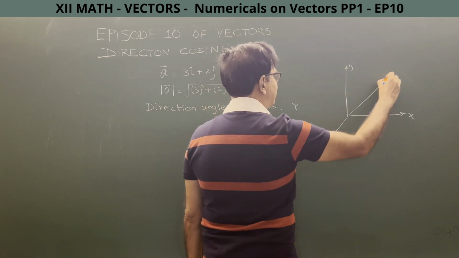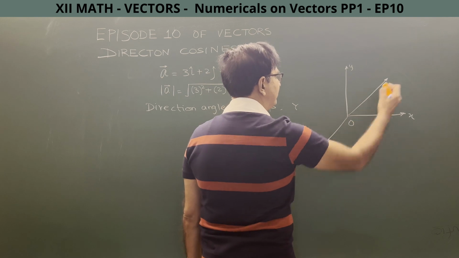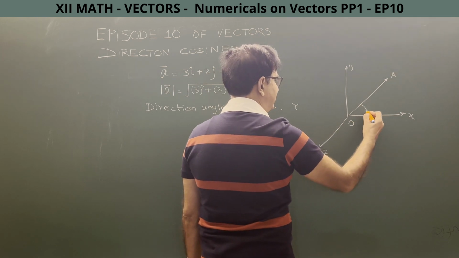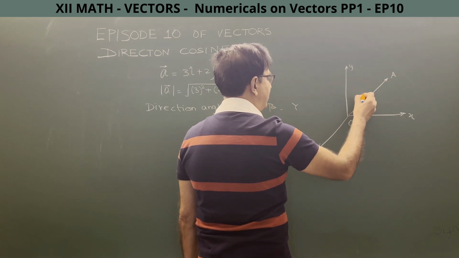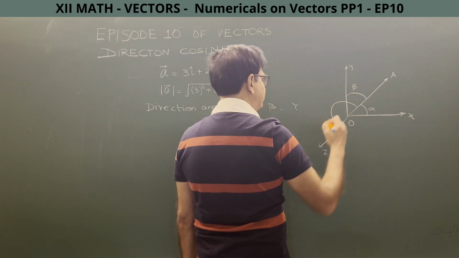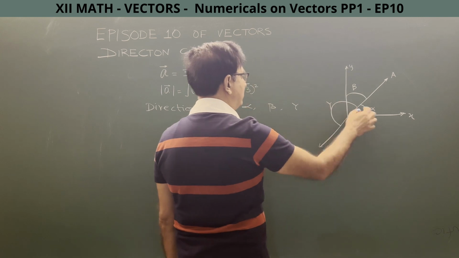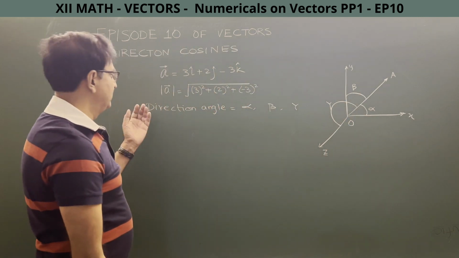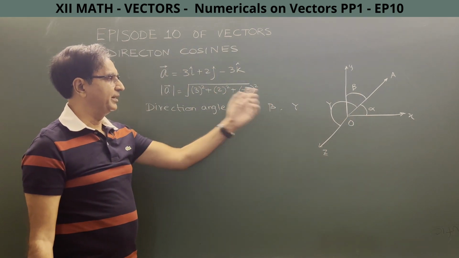Suppose this is my vector OA. It will make some angle with the x-axis, say alpha, another angle with the y-axis, say beta, and one more angle with the z-axis, say gamma. These are called direction angles. So the direction angles of a vector are alpha, beta and gamma.